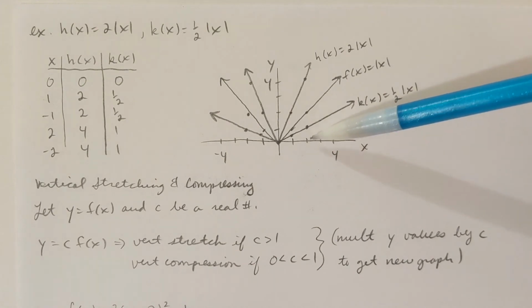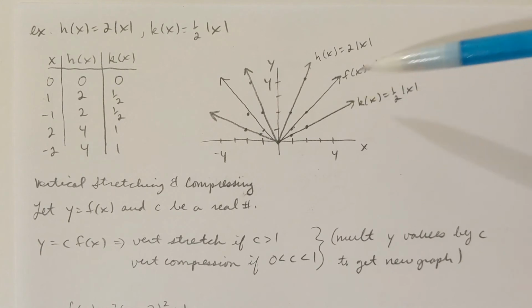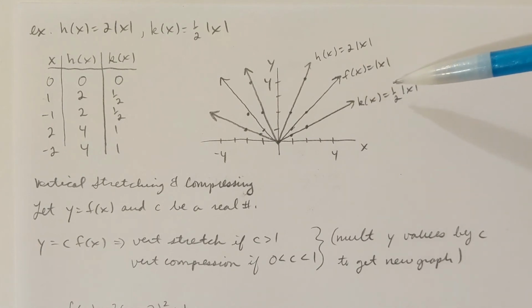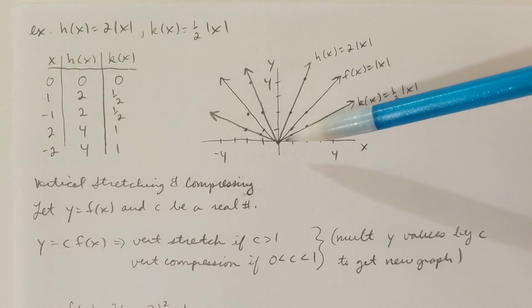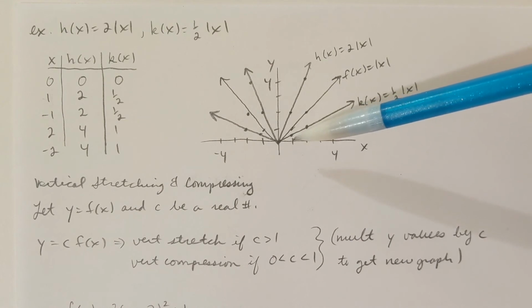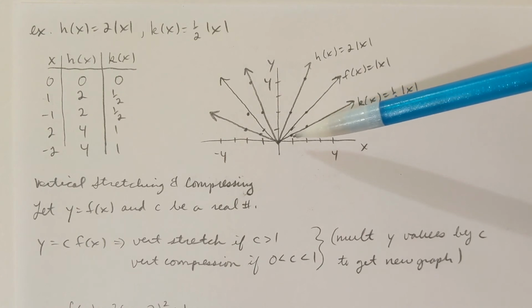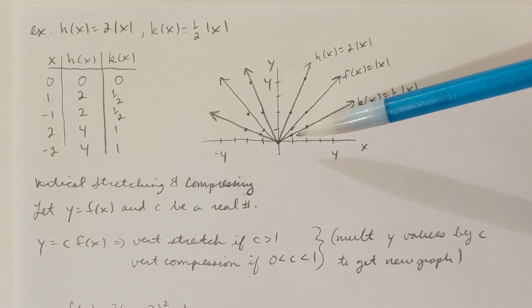Okay, same thing on this graph, k of x, only I'm going to multiply by 1/2. So if x is 0, I get 0. That doesn't change anything. I'm still at 0, 0. If x is 1, 1/2 is on the graph.